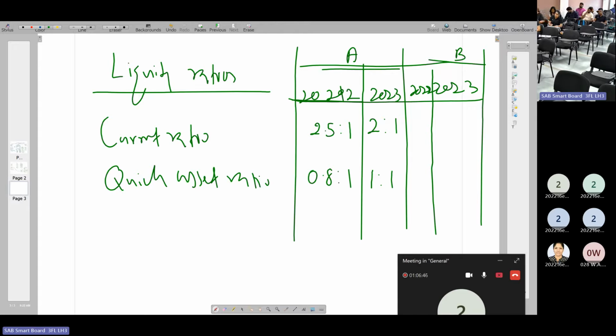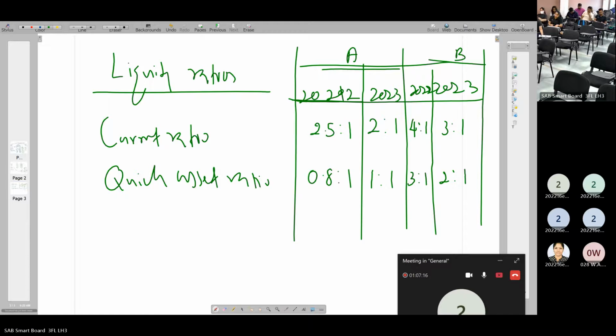Company B, 4 to 1. Here 3 to 1. In 2023, 3 to 1. In 2023 quick asset, 2 to 1.